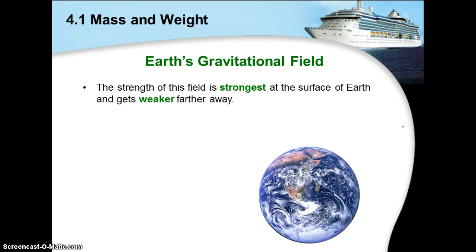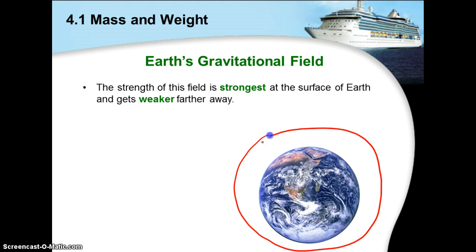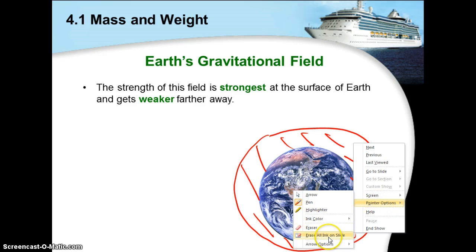So, what is the Earth's gravitational field? As we said just now, a gravitational field is the region in which the mass will experience a gravitational force. The strength of this field is strongest at the surface and gets weaker further away.